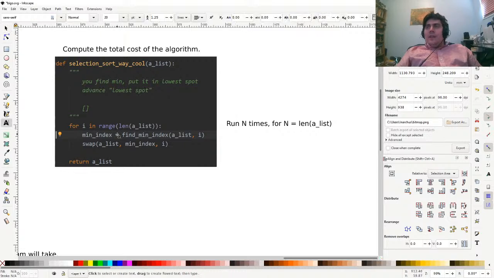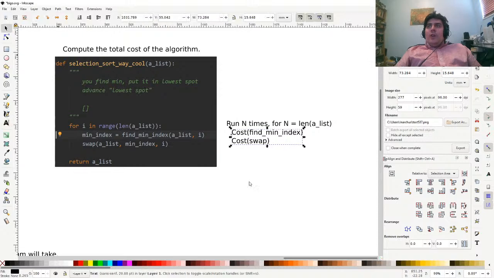So basically here, now we have to ask ourselves, well, what's the cost of the find min index function, right? So then it's going to be the cost of the find min index, right? And then the last one is the cost of swap. And so basically our total cost is going to be n times, right?